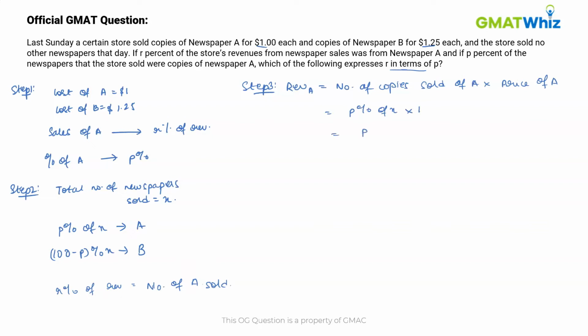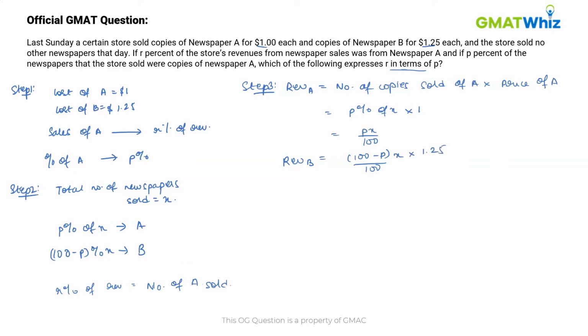This gives us PX by 100. Similarly, the revenue generated by newspaper B will be equal to the number of copies, which will be (100 minus P) by 100 times X, times the price of one copy, which is 1.25.